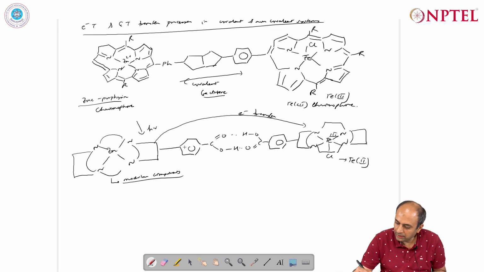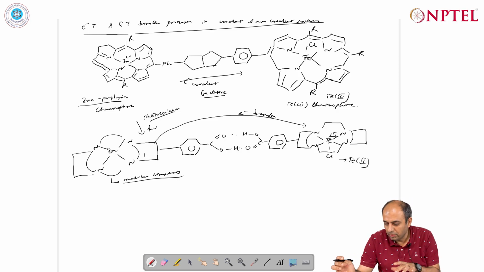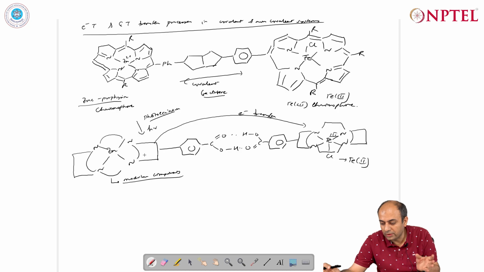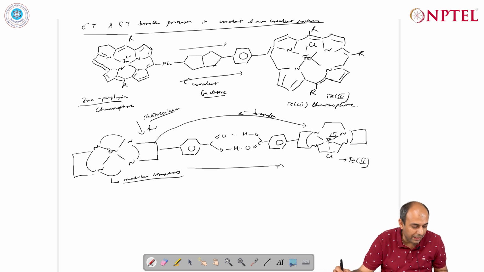And so this electron transfer process which happens here on photoexcitation is responsible for creating the charge separation between the donor and the acceptor. So now there is electron transfer from the donor to the acceptor, and this electron transfer takes place either via the covalent backbone or via the non-covalent backbone.